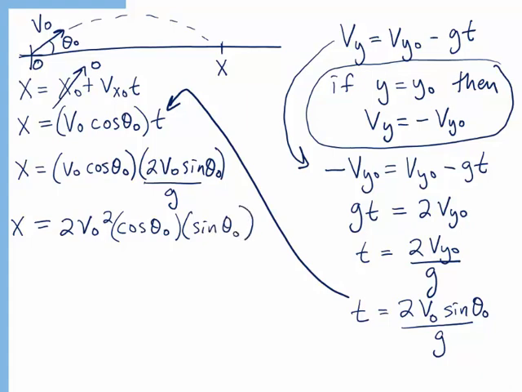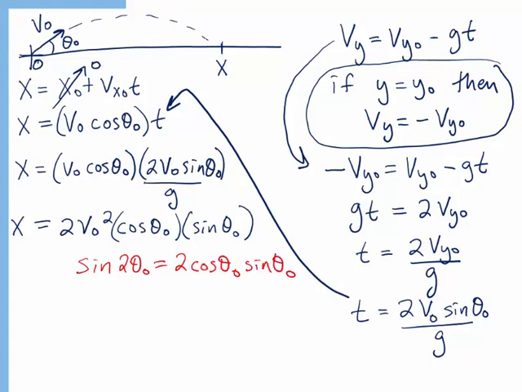Now, I don't expect you to remember trig identities off the top of your head, but I'm going to point out that whenever you see combinations of sines and cosines, there's almost always a way to write that in a different way. The identity that we need here is that sine 2 theta naught is equal to 2 cosine theta naught sine theta naught.